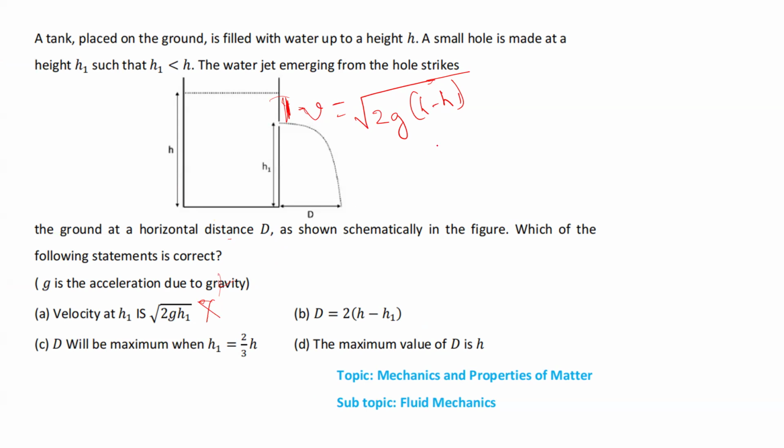So d is the distance which the water travels after ejecting from this hole, right? So we can write that h1 equals half g t squared, right?